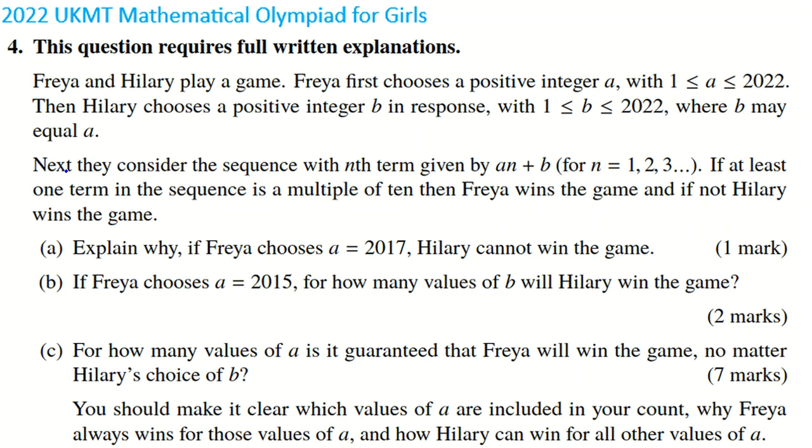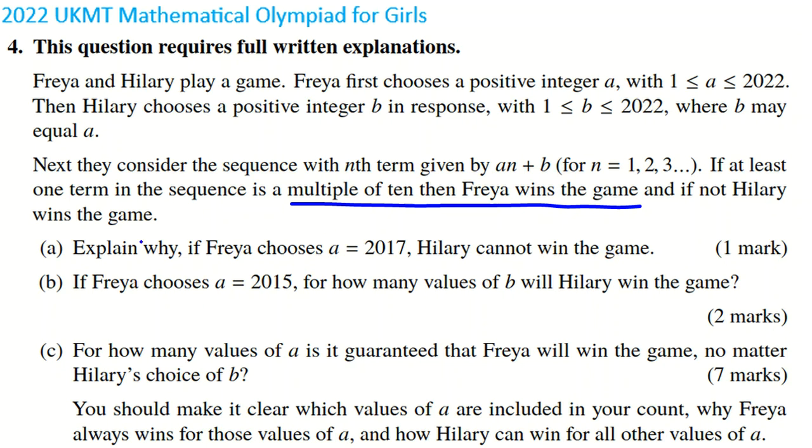Next, they consider the sequence with nth term given by an plus b for n equals 1, 2, 3, and so on. If at least one term in the sequence is a multiple of 10, Freya wins the game, and if not, Hillary wins the game. Explain why, if Freya chooses a equal to 2017, Hillary cannot win the game.